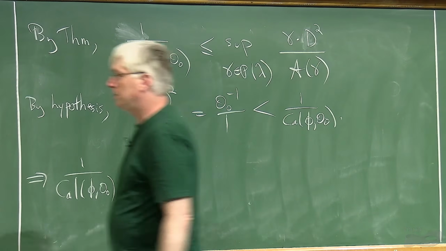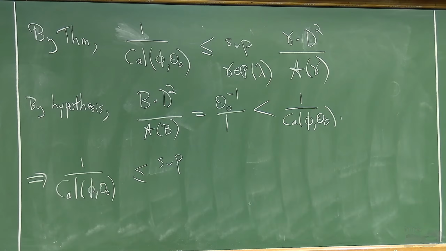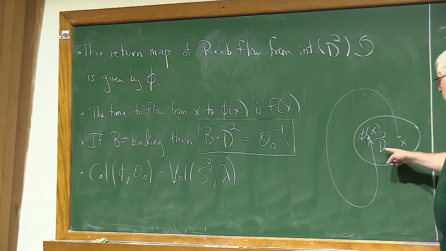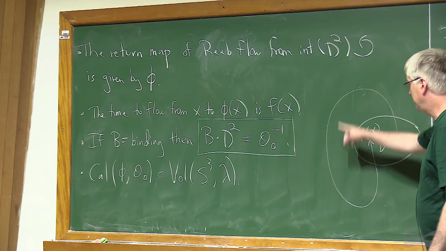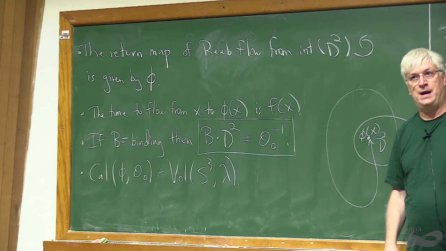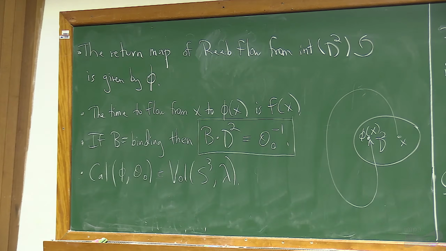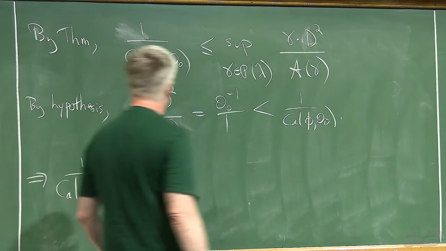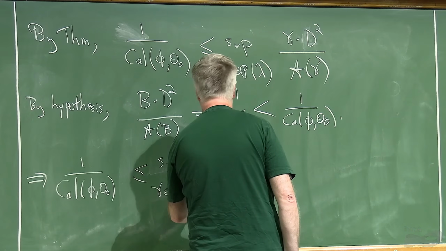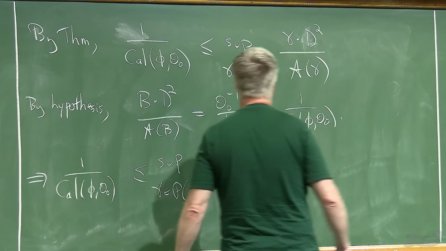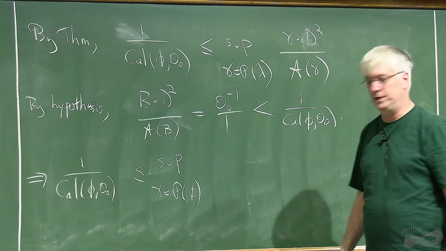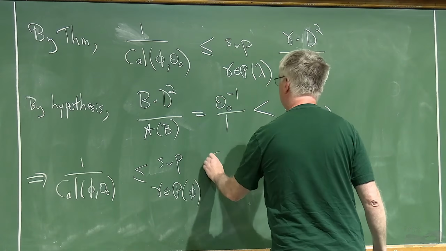Now, because the return map from the disk to itself is given by phi, it means that Reeb orbits intersecting the interior of the disk are equivalent to periodic orbits of the map phi. So this is the supremum over gamma, a periodic orbit of the map phi. And then what's the intersection number with the disk? Well, it's just the period of the orbit, which I'm denoting by d.